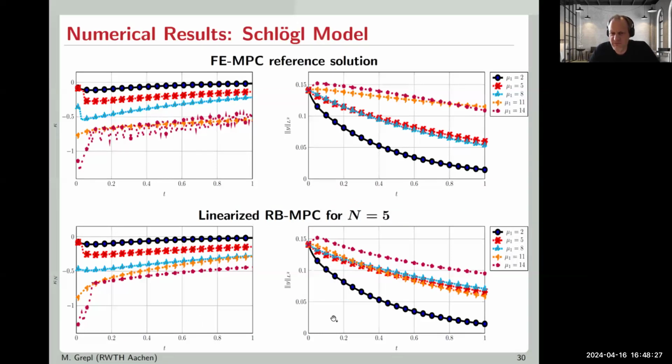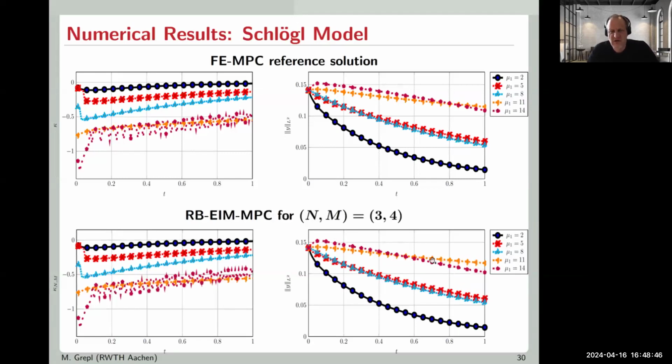These are chosen based on the theory that I just presented for the linearized case, such that the linearized model is provably stable. But we see that if we do this along the system trajectory and linearize, it also seems to stabilize the nonlinear system. These are results for the RB-EIM approach.